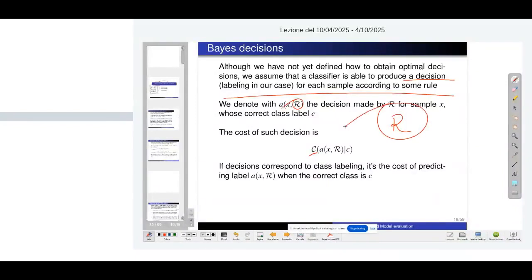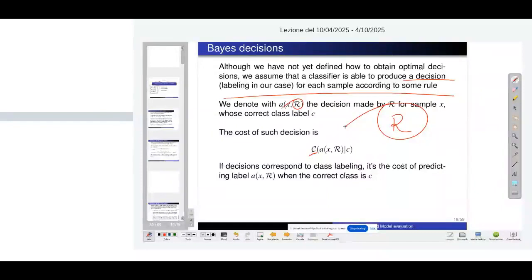A recognizer. Rather than classifier, today we will call it recognizer. It's to recognize the label. We have a recognizer. A recognizer is nothing else than a function that, given a sample, gives us a decision. For us, the decision up to now was the class label, predicted by taking the maximum a posteriori for the class, so the maximum class posterior probability.